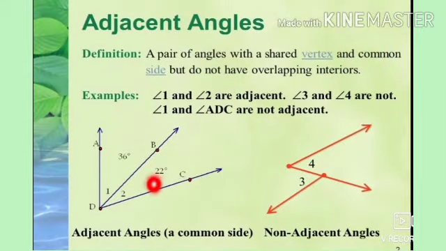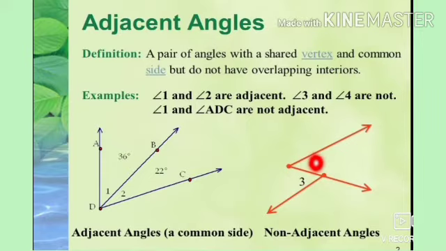Here are the examples. Here angle 1 and angle 2 are adjacent because D is a common point and DB is a common arm of these two angles. So angle 1 and angle 2 are adjacent, but angle 3 and angle 4 are not adjacent angles because they have no common point, which means common vertex, and also they have no common arm.